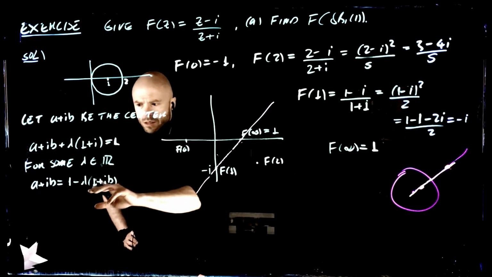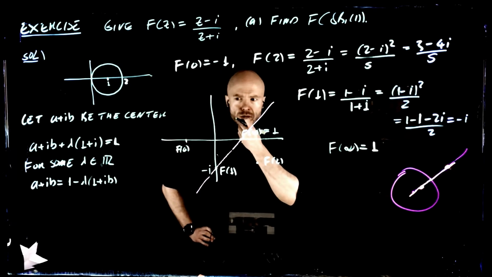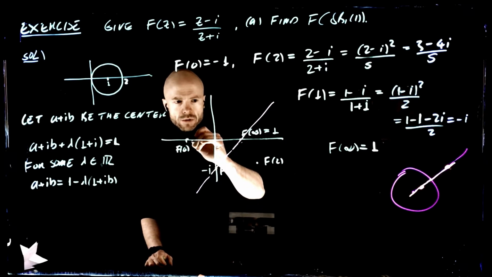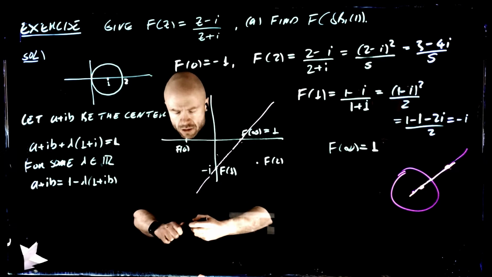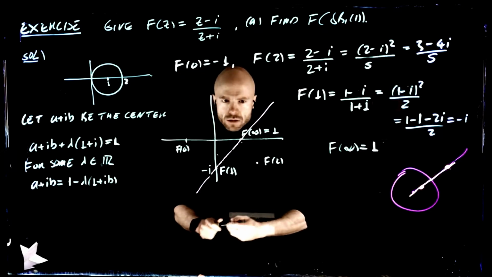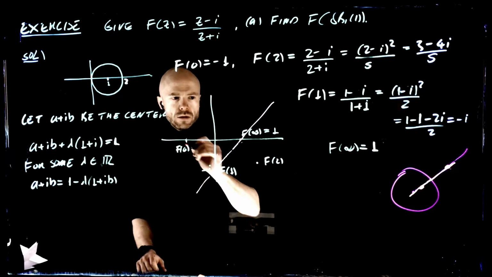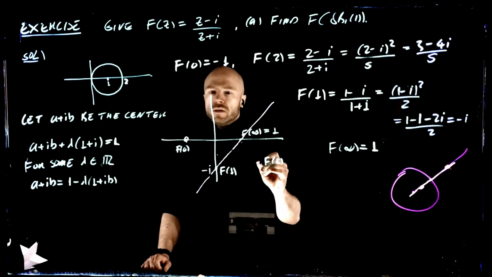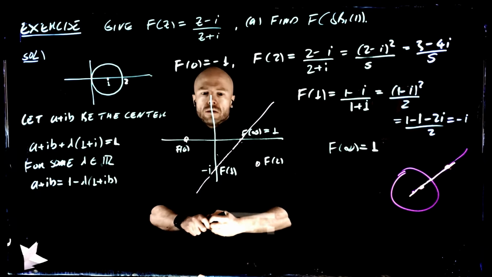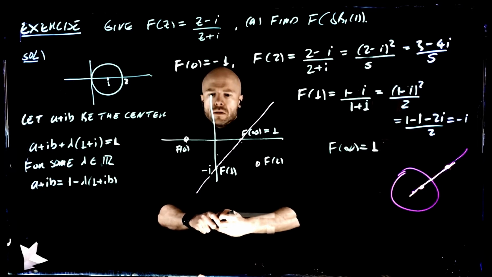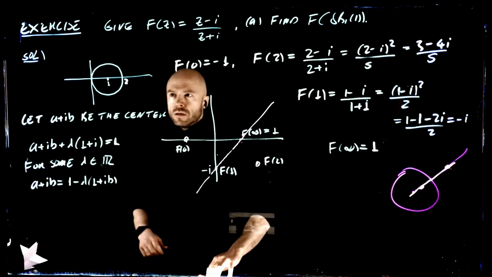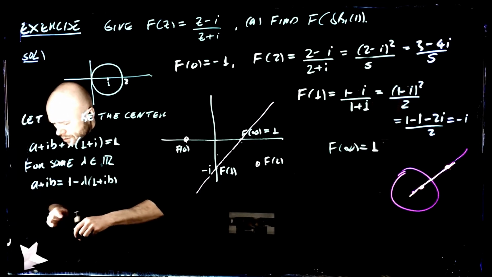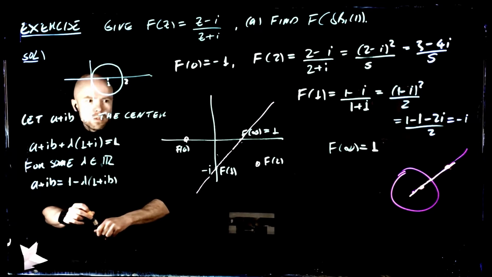Okay, so this is what we're going to use, and we're going to use the fact that these points are on our circle. So this is on our circle, and this is on our circle, right? And then we're just going to calculate these radii. So 0 is minus 1.